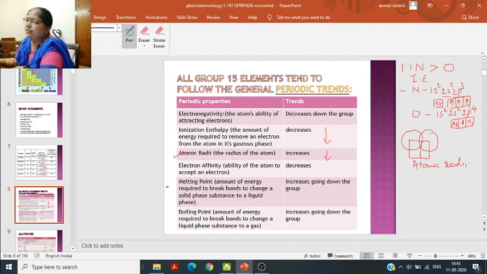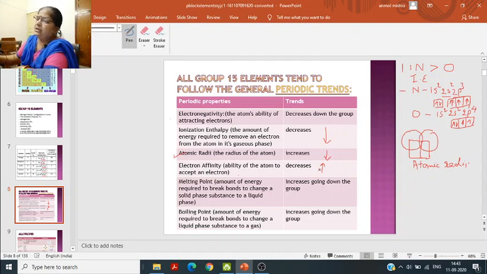Next is electron affinity. Electron affinity is the energy released when an atom accepts an electron to become a negatively charged ion. So as we move down the group, the electron affinity decreases. Now why does it decrease?